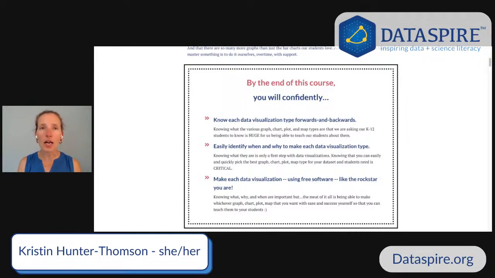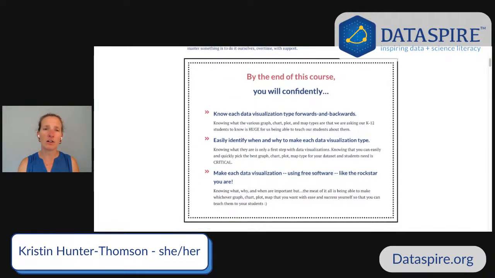How do we rock making these graphs with different freely available resources, spreadsheet programs, and interactive graphing programs, as well as by hand for our students to get solid and really grounded in making our visualizations.